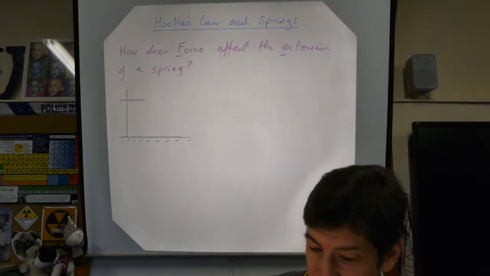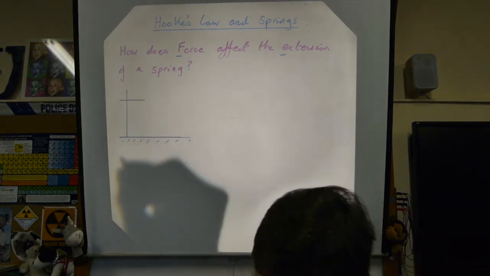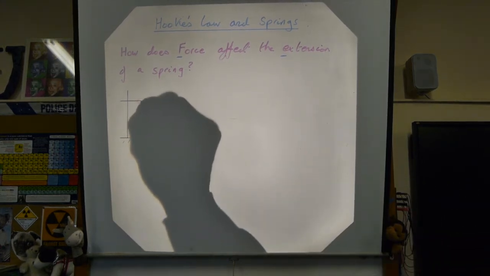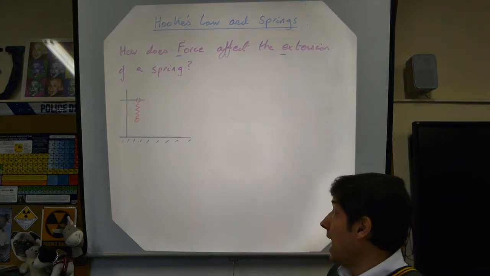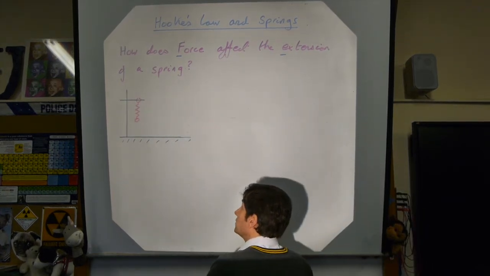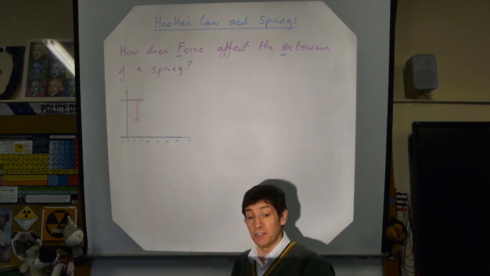Here we go, there's your stand. And you'd put a spring on that stand. So here's the spring, and our spring has a sort of key ring on there, and then you draw them like that.